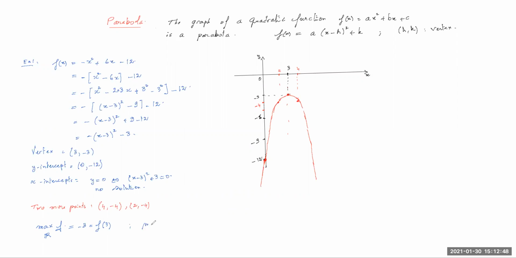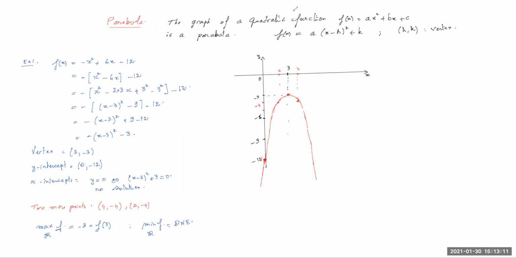What is the minimum value? The minimum of f over R doesn't exist. My function keeps going down, taking large negative values. So there is no minimum value. It doesn't stop at any smallest point. Okay. Mainly, those are the questions we can answer, or the information we can get from a parabola.